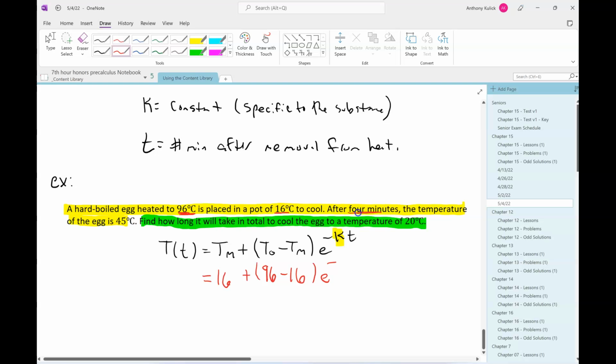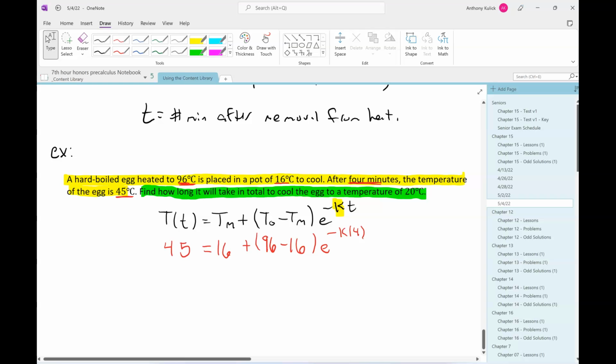Good. We have 4 minutes, so that's my T. And then the 45 must be my T of T. Everybody cool? All right, well, let's solve this equation for K. What's the first thing I'd want to do?